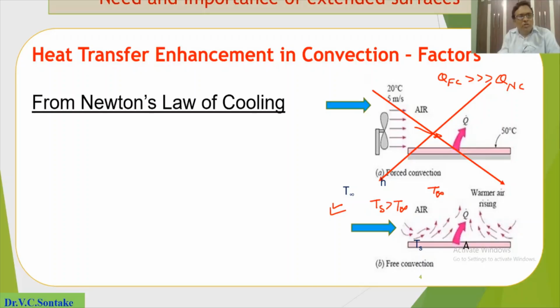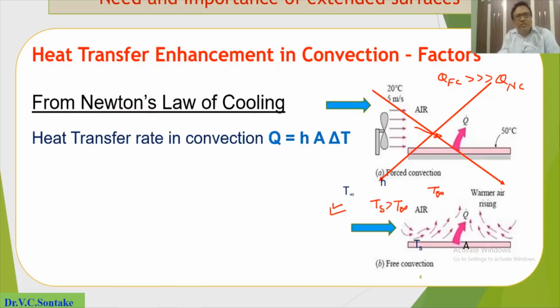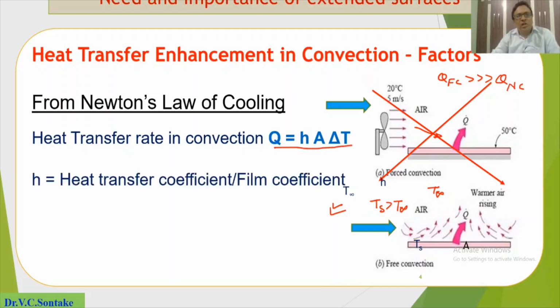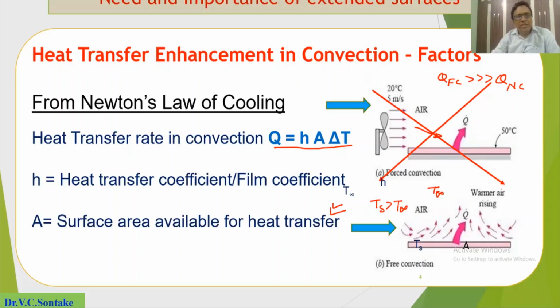We know Newton's law of cooling gives us heat transfer rate in convection, and it is given as Q equals H into A into delta T, where H is called the convective heat transfer coefficient or film coefficient, its unit is watt per meter square Kelvin. A is the surface area available for heat transfer.